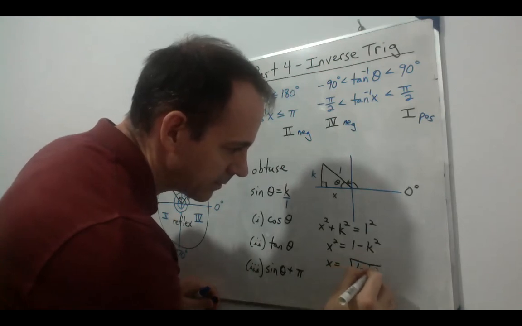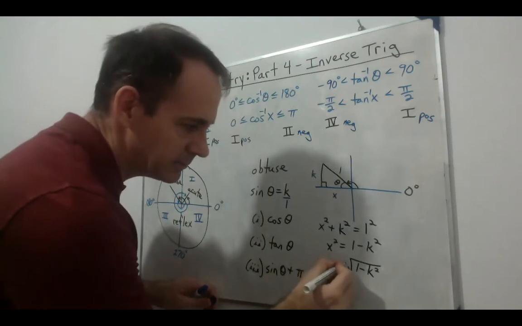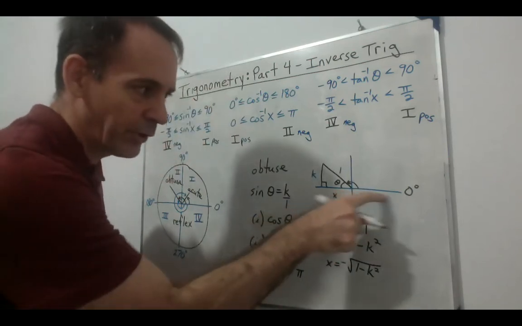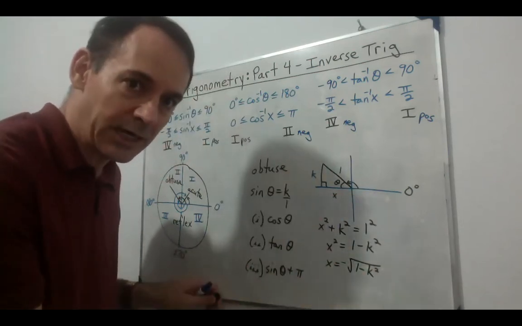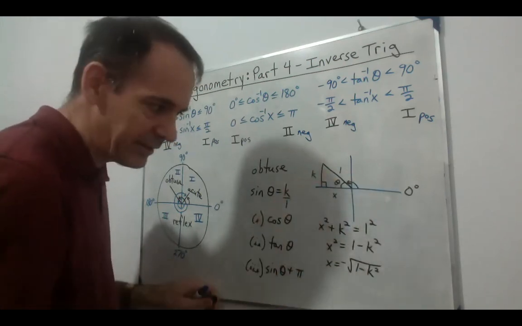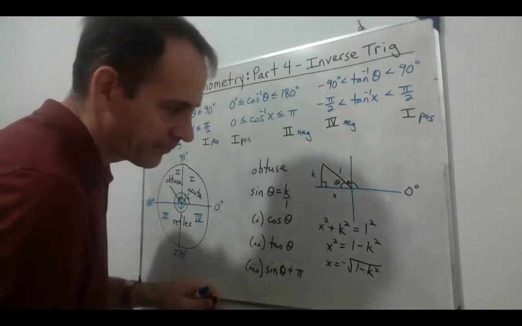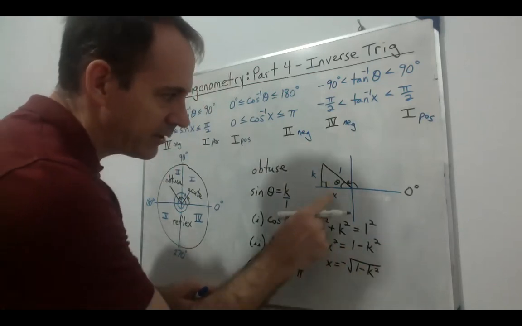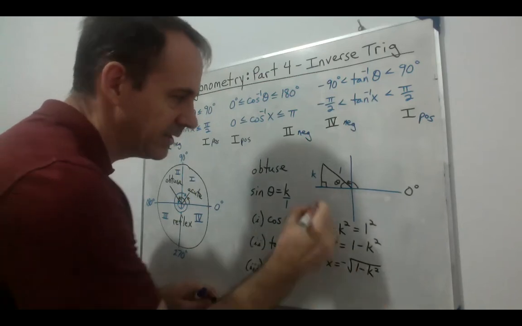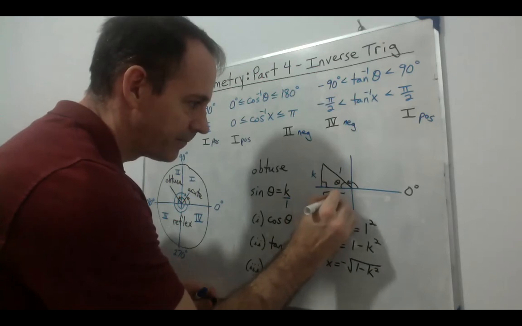But because we're going in the negative direction, we want the minus. If we were going in this direction, we would want the positive root. So since we're on the negative side of the x-axis, we want our x to be negative. Okay, so this is our value for right here. So I'm going to erase the x and put this right here.